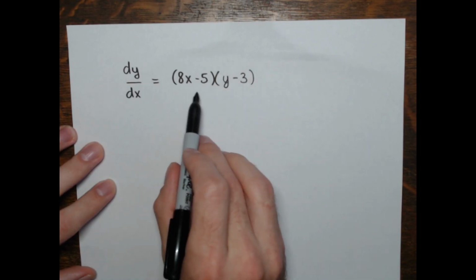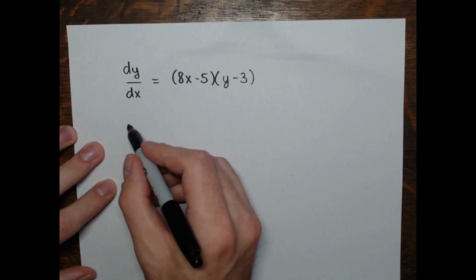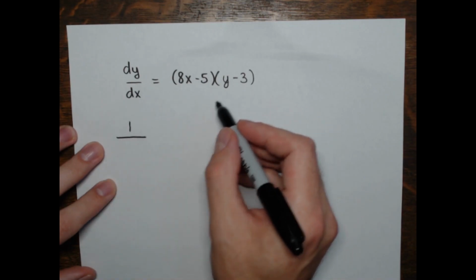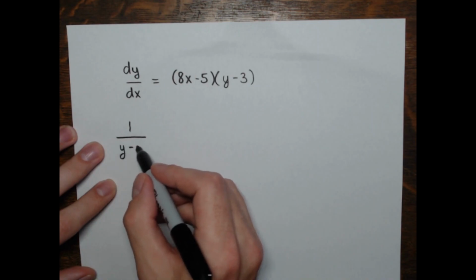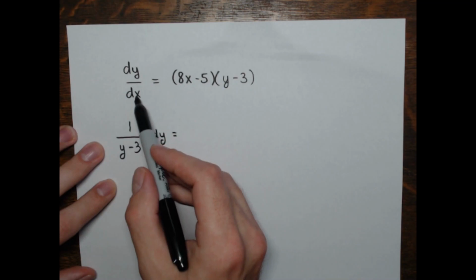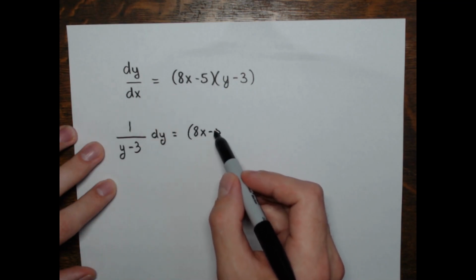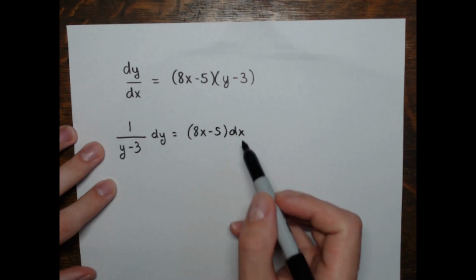You have a function of x times a function of y. And now I can do this separation of variables. We'd have 1 over y minus 3 with the dy on the left, and I move the dx over to the right side with the 8x minus 5.